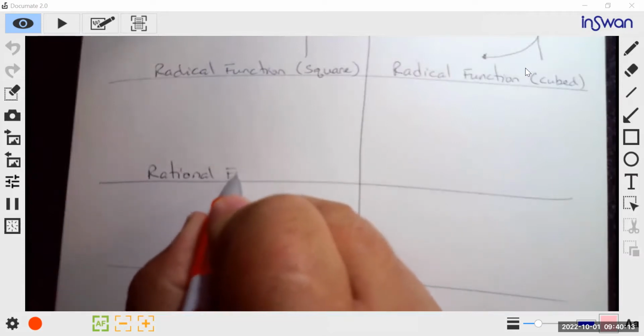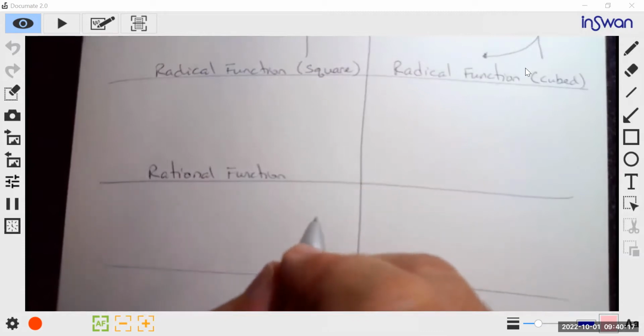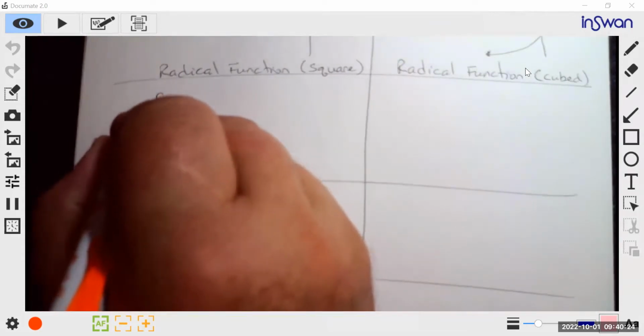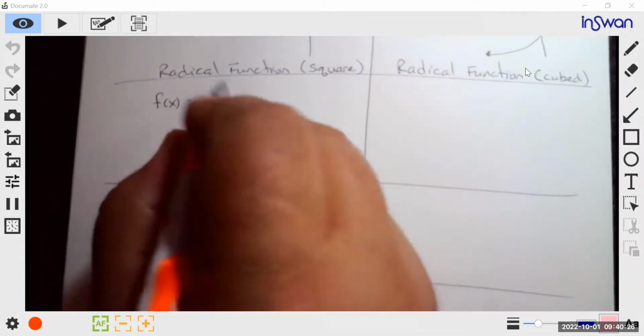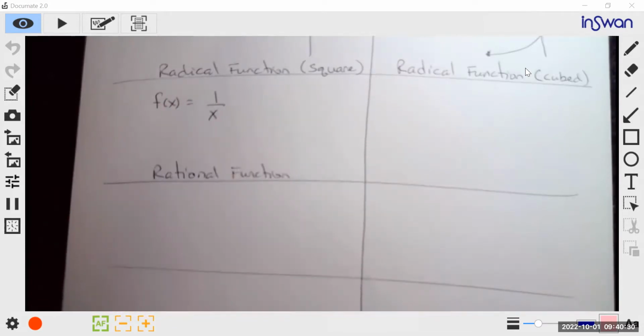Now, a rational function. Rational means a fraction. This time the x is on the bottom.